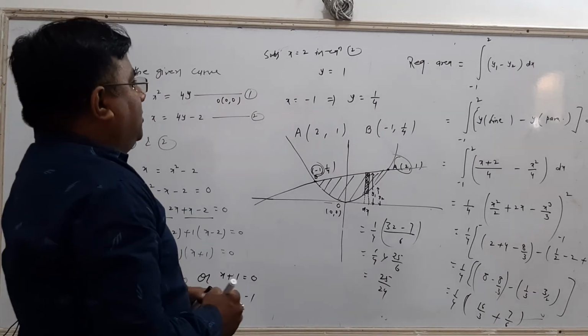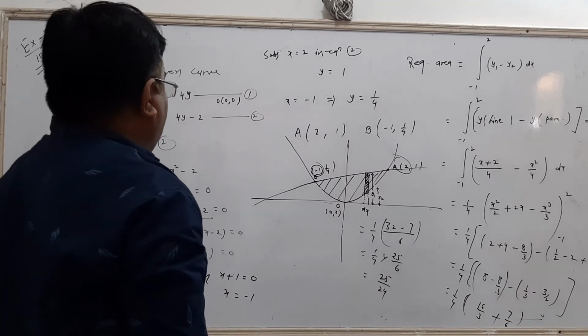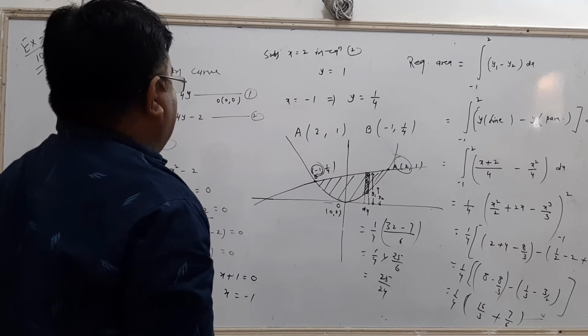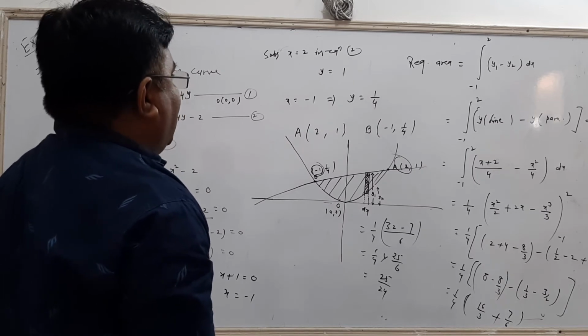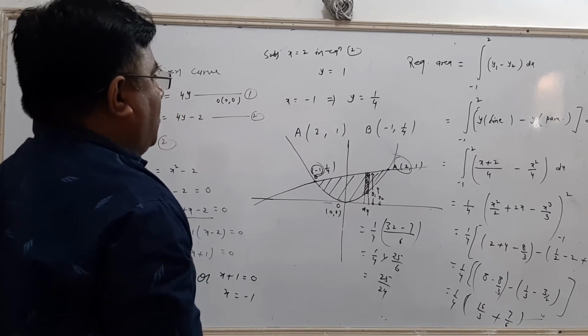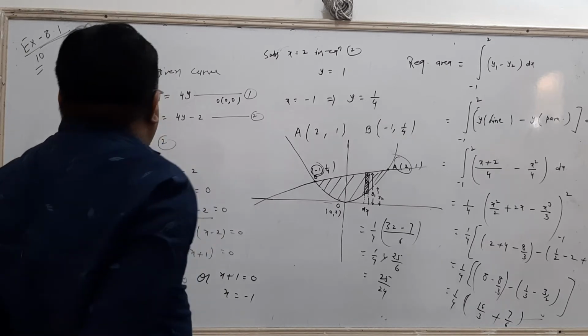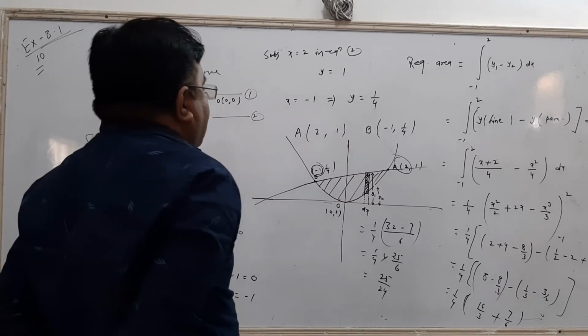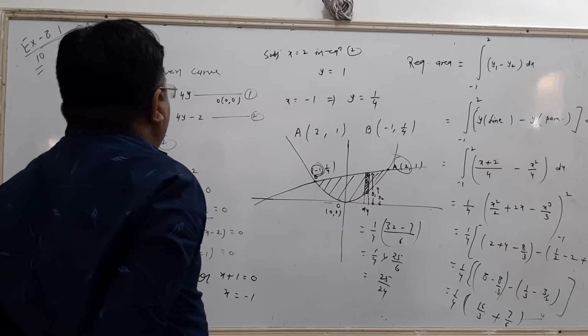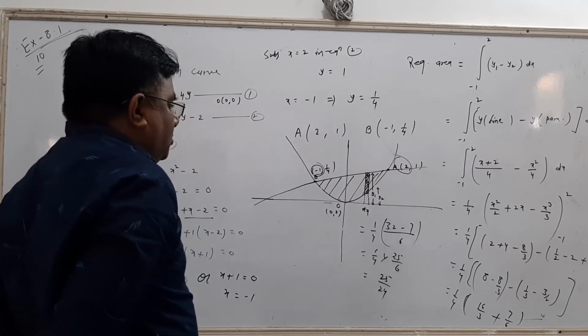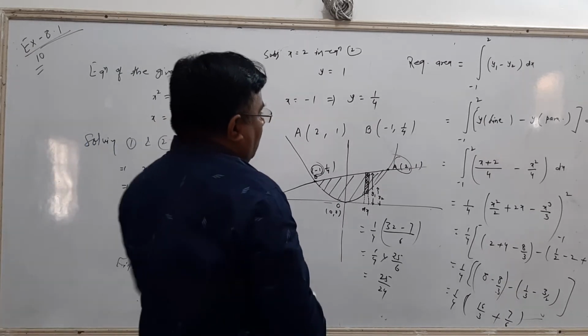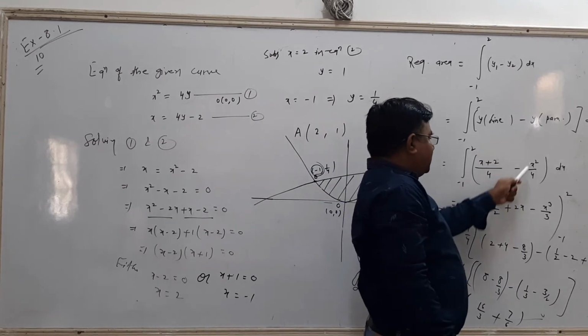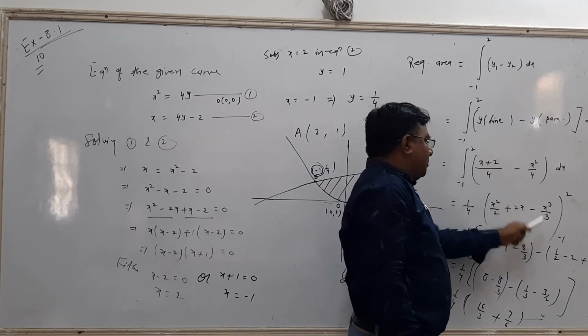Now again the limit: y1 minus y2 dx, from minus 1 to 2. y from the line is x plus 2 upon 4, y from the parabola is x square upon 4. 1 by 4 is a constant; integration of x is x square upon 2, of 2 is 2x, of x square is x cube, power 3 upon 3.